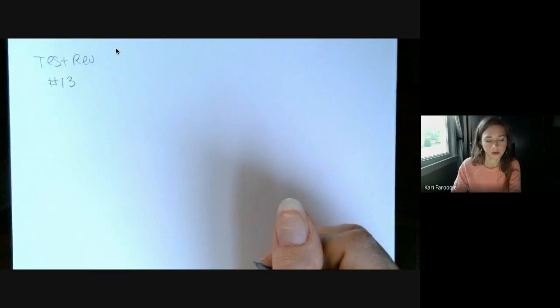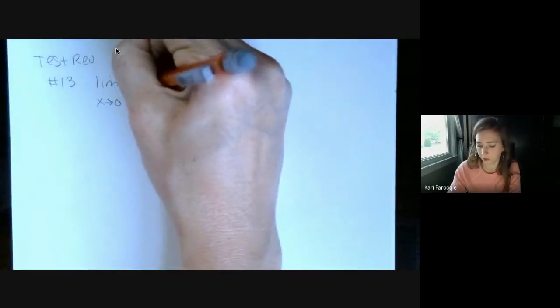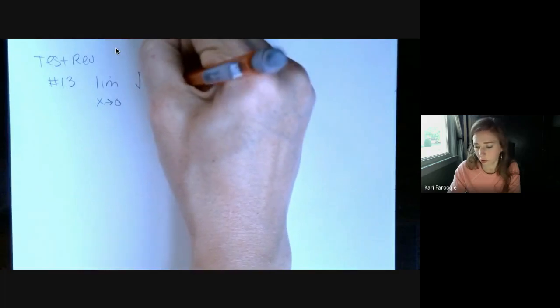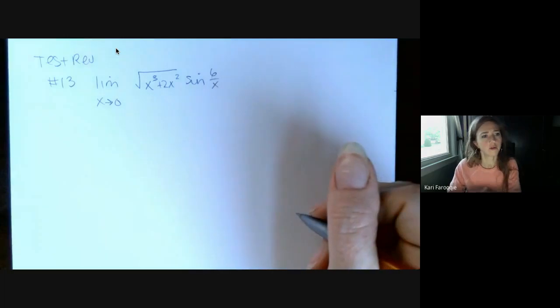The limit as x approaches 0 of the square root of x cubed plus 2x squared times the sine of 6 over x.